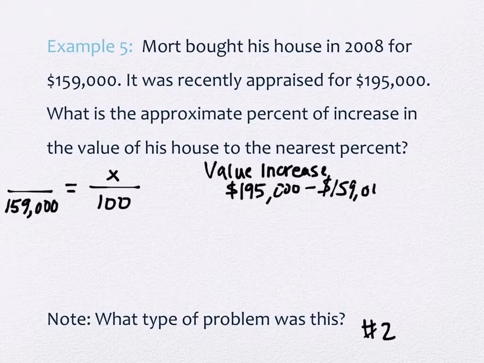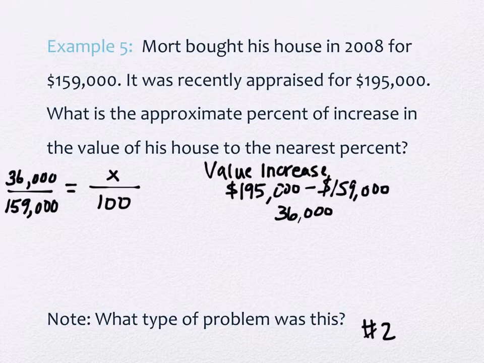So how much of an increase is that? 36,000. So the price of the house has increased $36,000. Or not the price, but the value according to this. Okay? This is a nice way to do it because the answer ends up being what we're looking for when we're done, so that's kind of friendly.